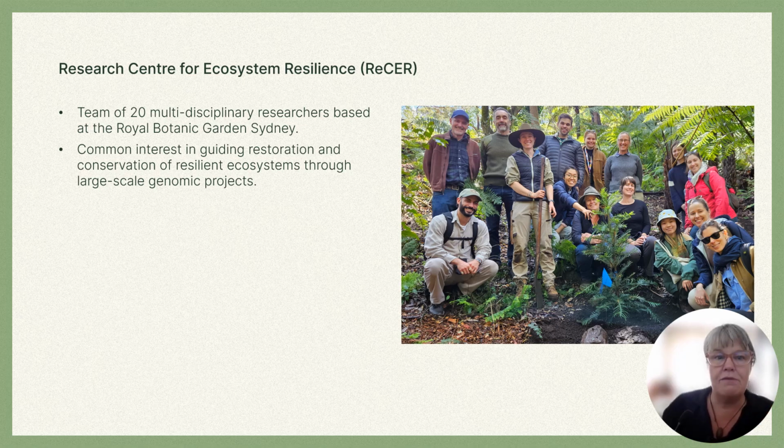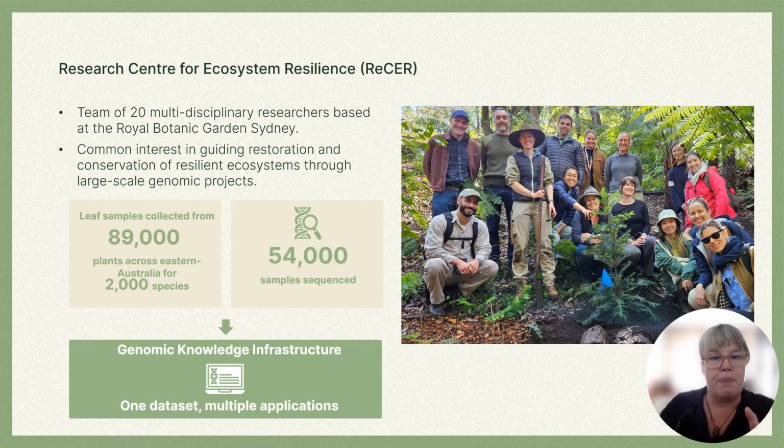So we all have a common interest in guiding restoration and conservation of resilient ecosystems, hence the name, through large-scale genomic projects. Now, to give you an idea of the scale, our team and collaborators have collected leaf samples from more than 89,000 plants across Eastern Australia for more than 2,000 species, and already 54,000 of these plants have had their DNA sequenced.